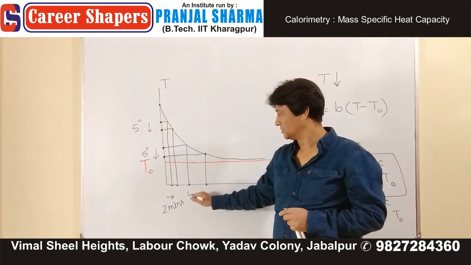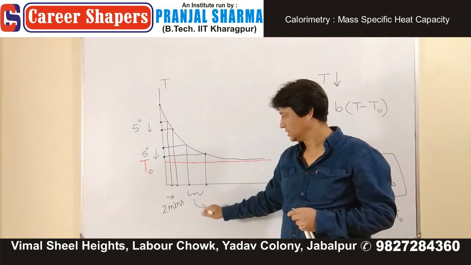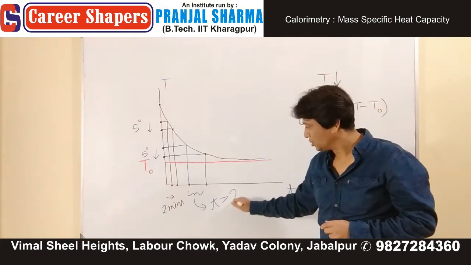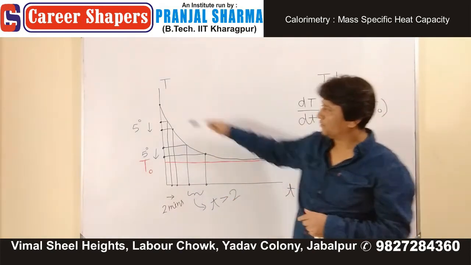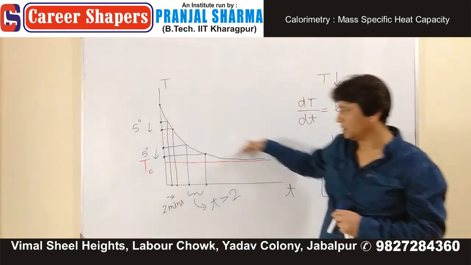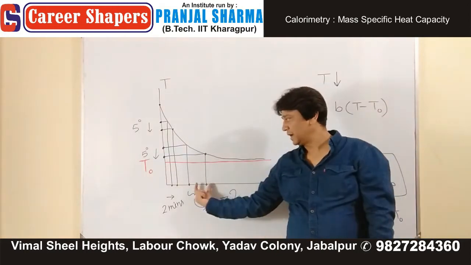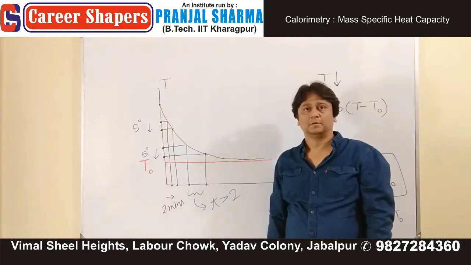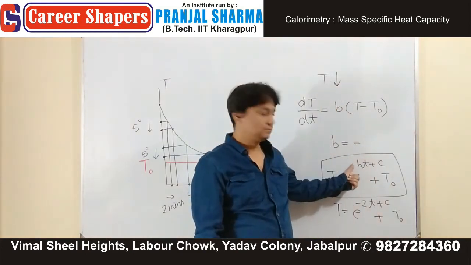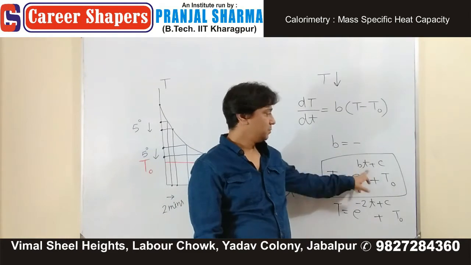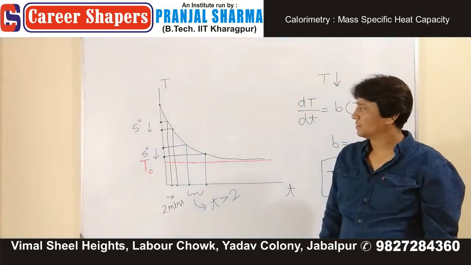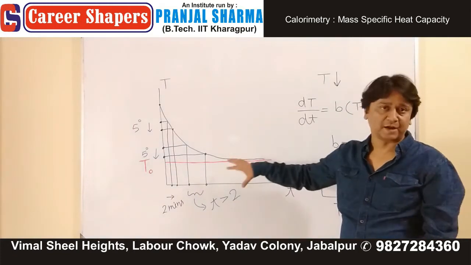This thing is T greater than 2. For the same drop in temperature, as the body cools down, it takes longer. So this is coming with the help of what? An e to the power bt type of thing. Do you understand this part?